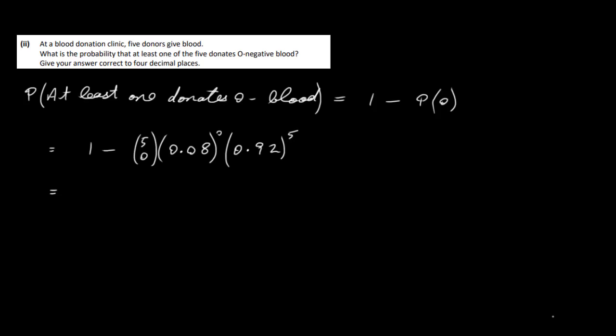So when we work that out, we get 1 minus 0.65908152, and when you work that out to 4 decimal places, you get 0.3409. That's to 4 decimal places.